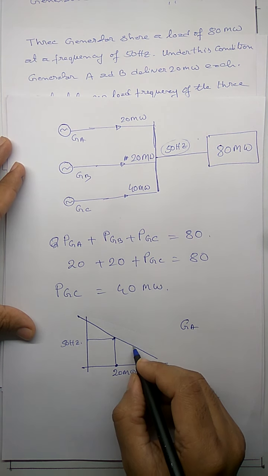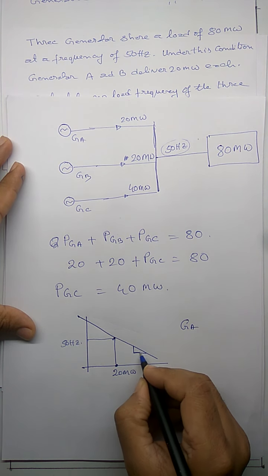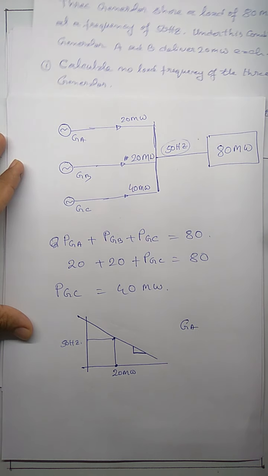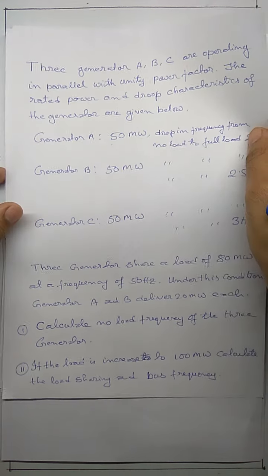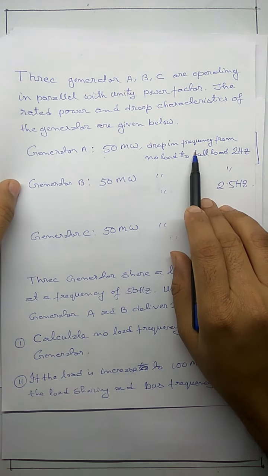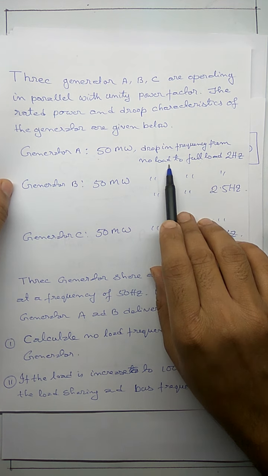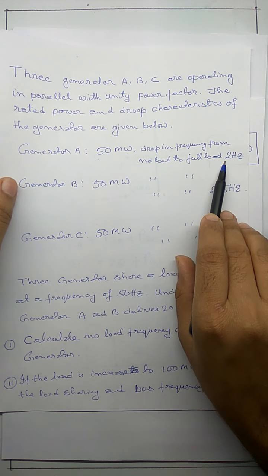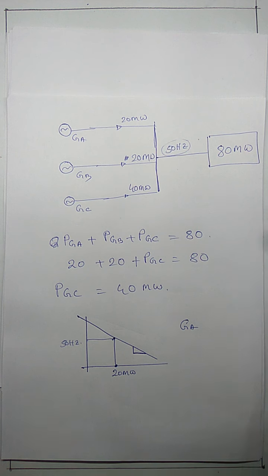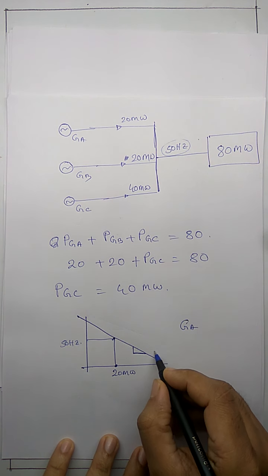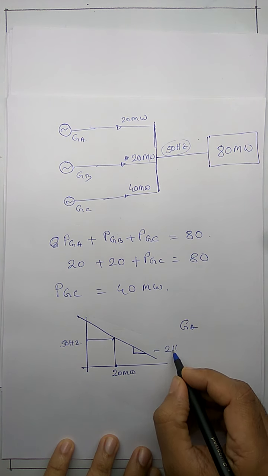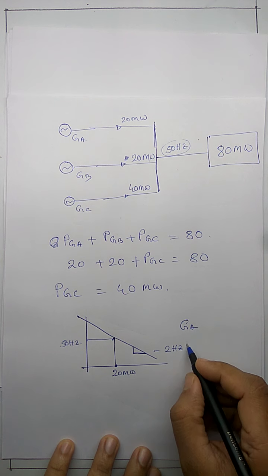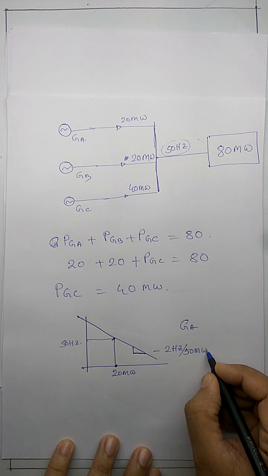We also know the slope of this line. It has been mentioned here that generator A has a drop in frequency from no load to full load to be 2 hertz. So what does it mean? It means that the slope of this line is minus 2 hertz from no load to full load, that is per 50 megawatt.